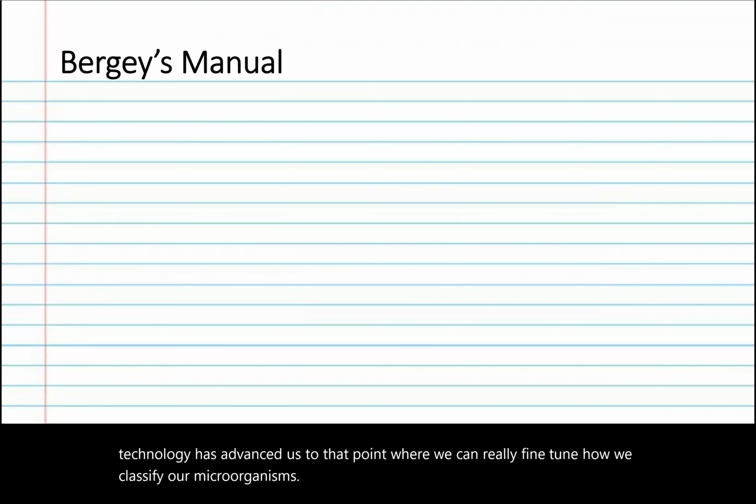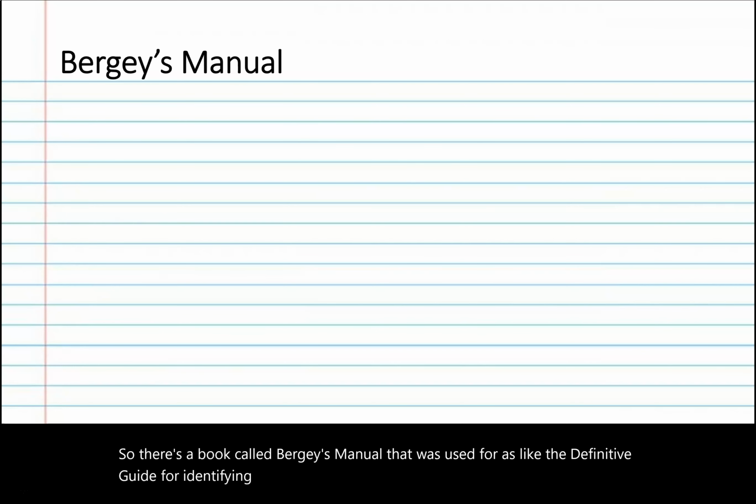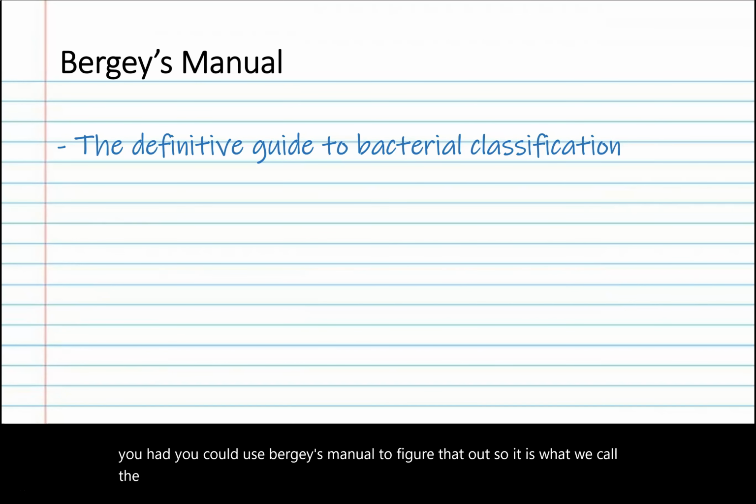So there's a book called Bergey's Manual that was used as like the definitive guide for identifying microorganisms. If you weren't sure what kind of bacteria you had, you could use Bergey's Manual to figure that out. So it is what we call the definitive guide to bacterial classification. Now, as our science has advanced, we now have two Bergey's manuals.